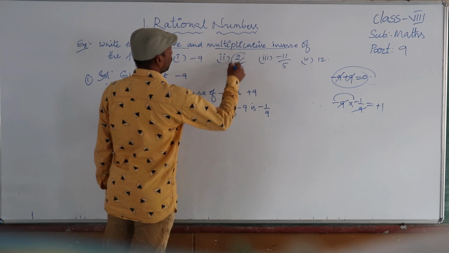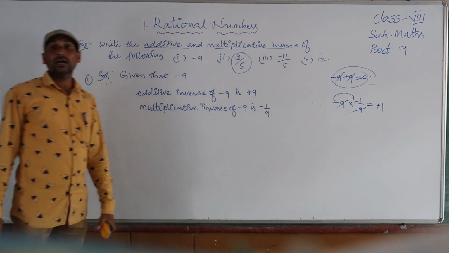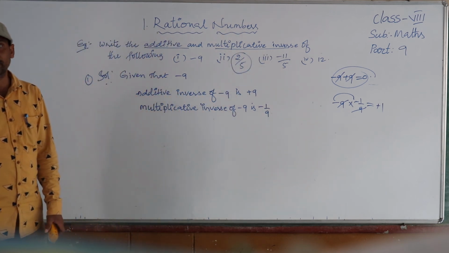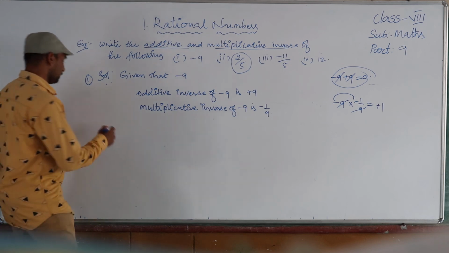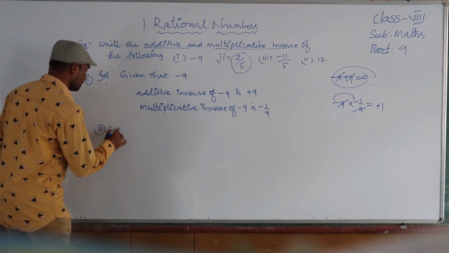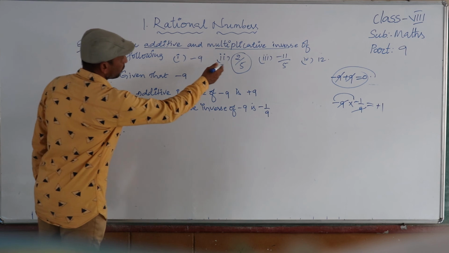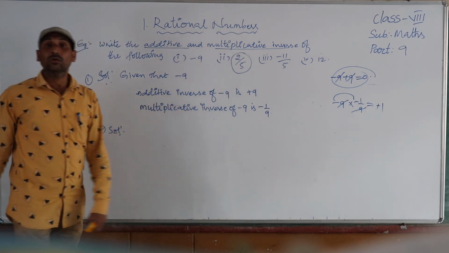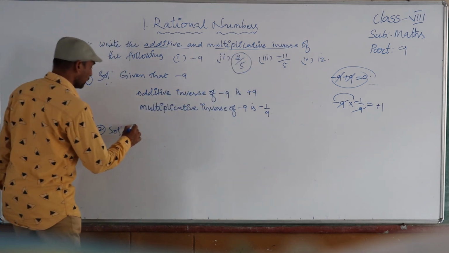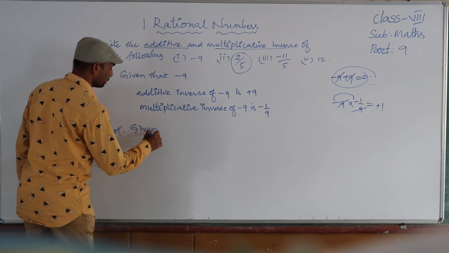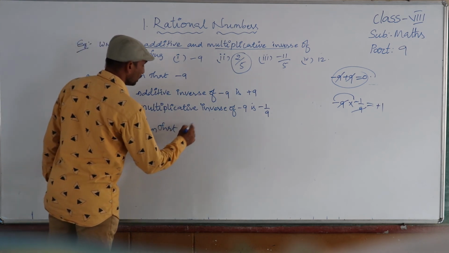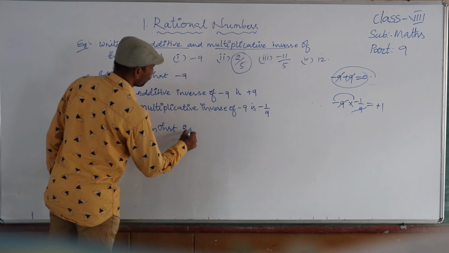Now let us see the answer for the second question. I'm going to explain the second one. Remaining homework you have to do. Solution: given 2 by 5.